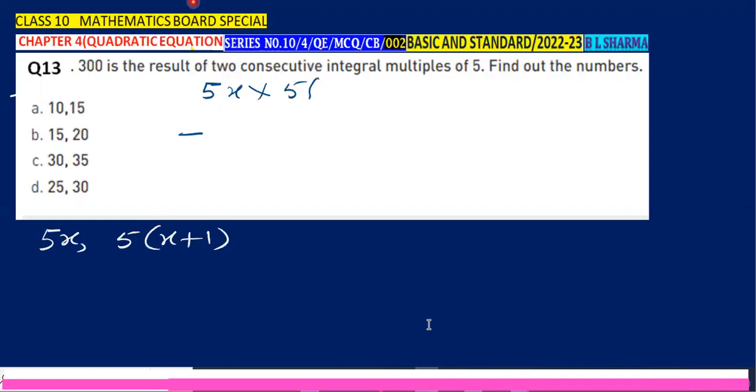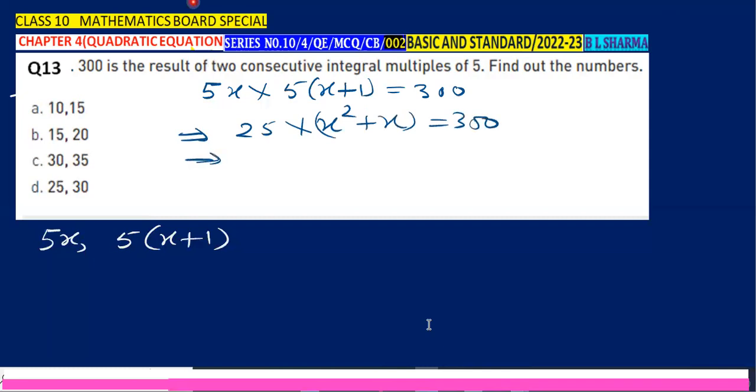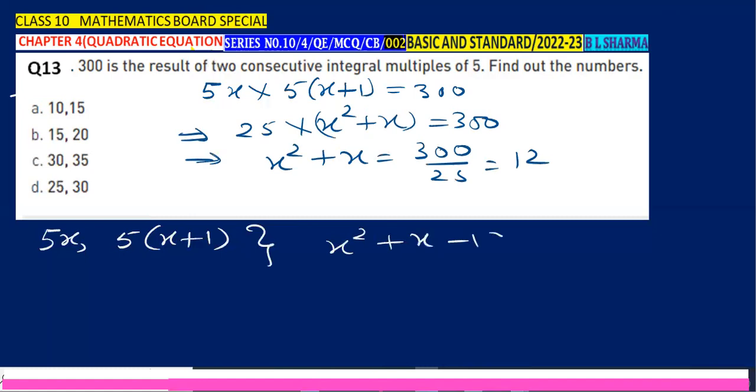5x into 5x plus 1 is 300. 5 5 are 25 into x square plus x, that is 300. x square plus x, that is 300 upon 25, that is 12. So x square plus x minus 12 is equal to 0.